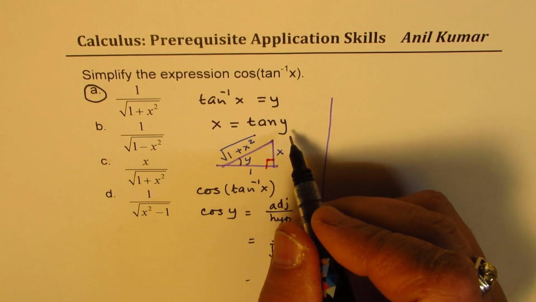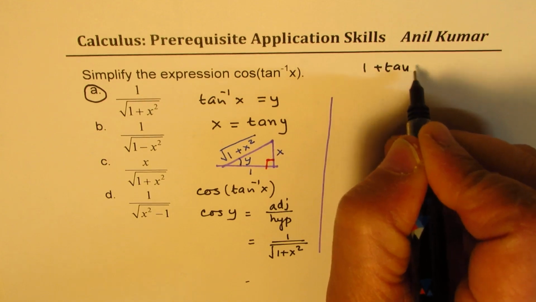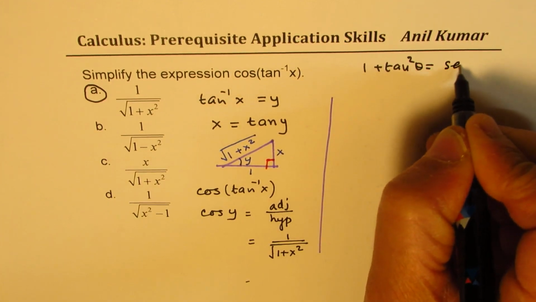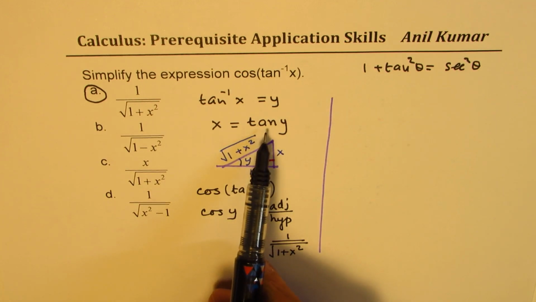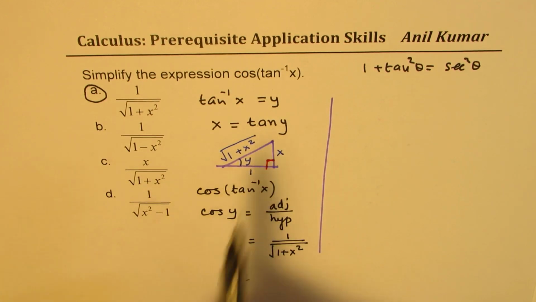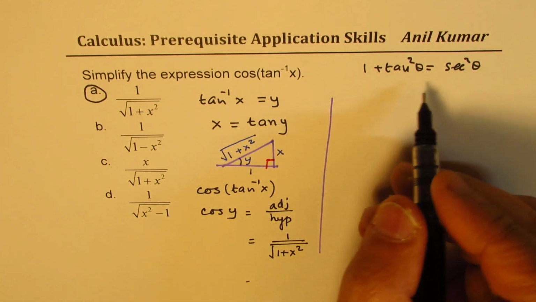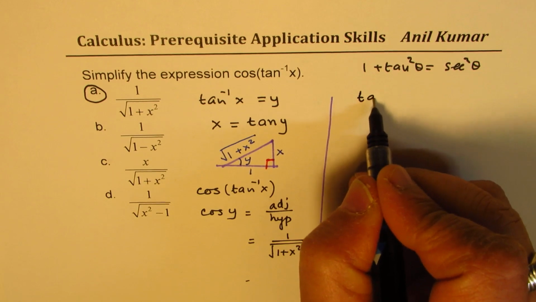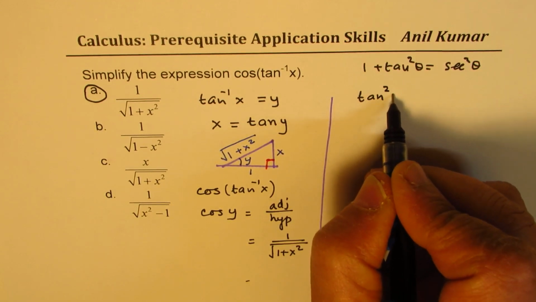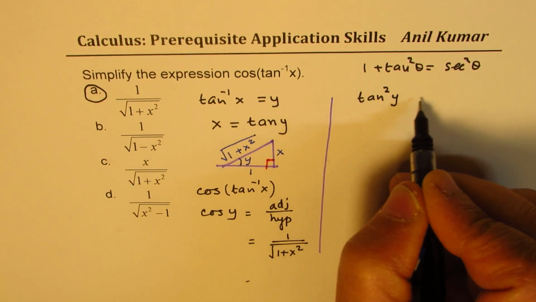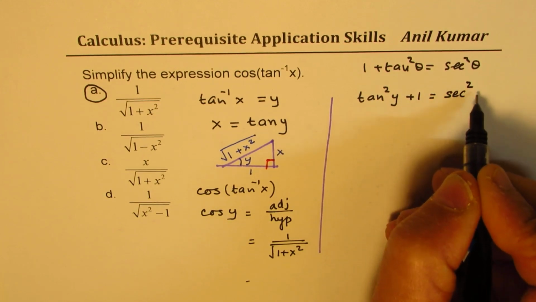The alternate method here is that we know the formula 1 plus tan squared theta equals secant squared theta. Correct? So we can use this formula and find what secant theta is. In this case, using that formula, we have tan y. So we know tan squared y plus 1 should be equal to secant squared y, correct?